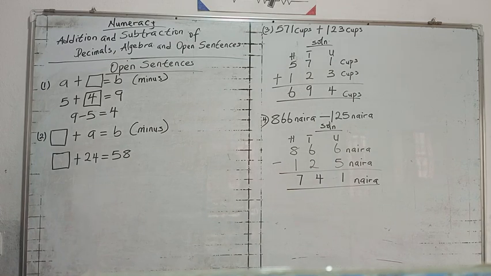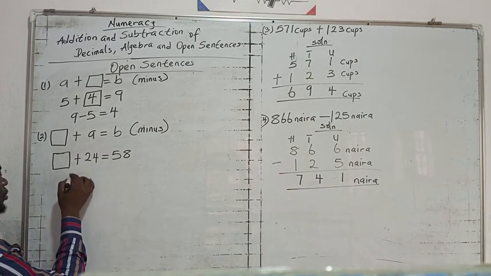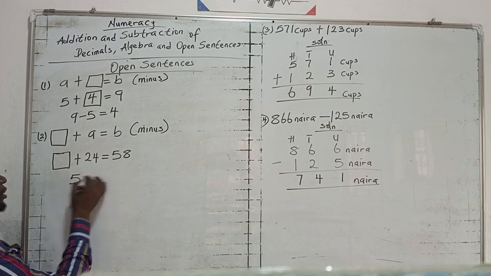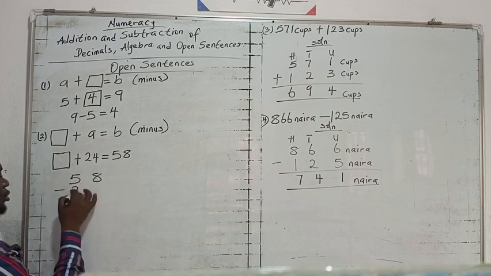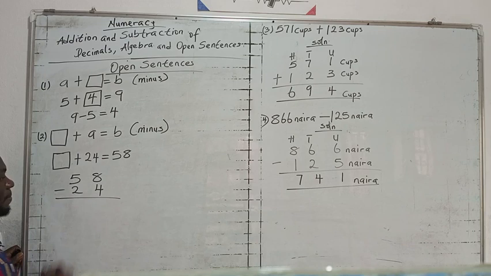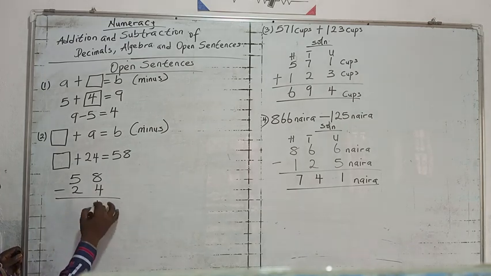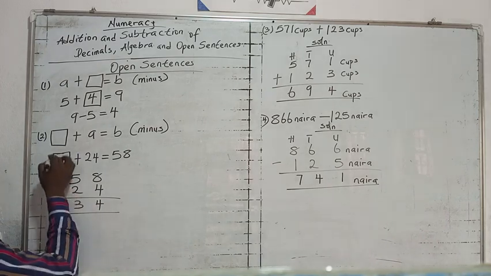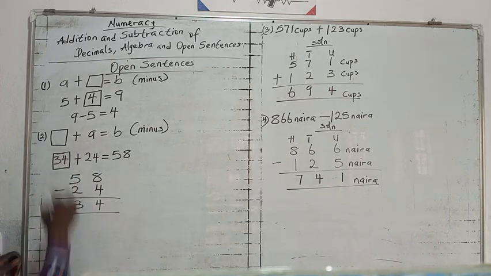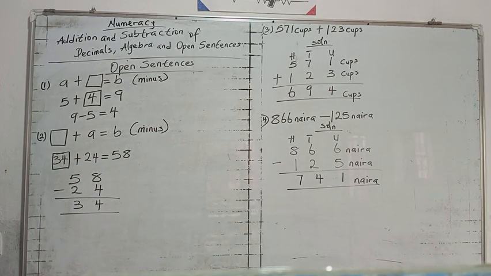Alright? Now, to find this answer, we'll simply do 58 minus 24. 8 minus 4, 4. 5 minus 2, 3. Therefore, the missing number here is 34. Alright?